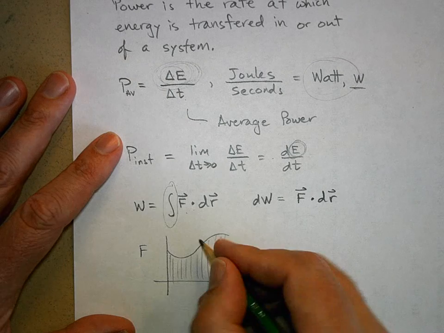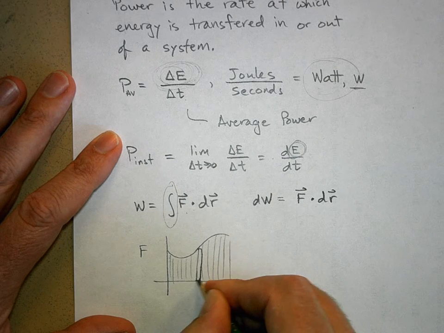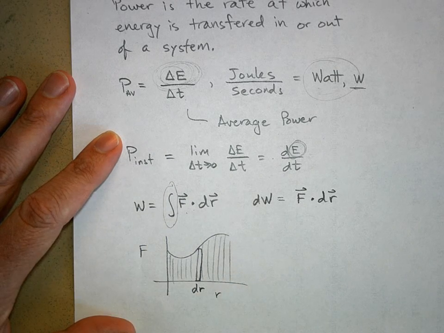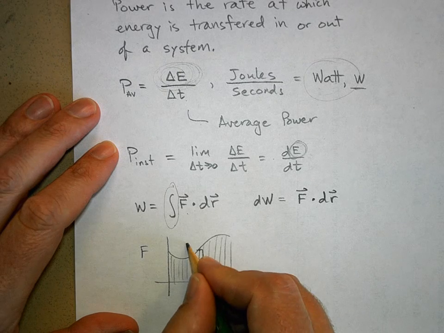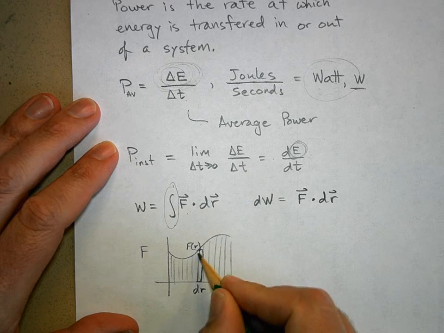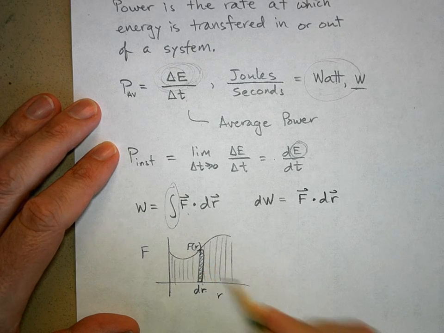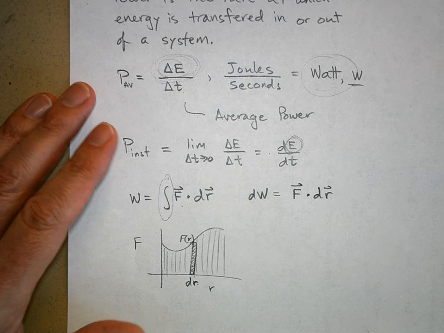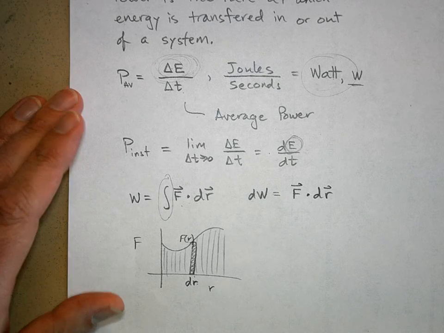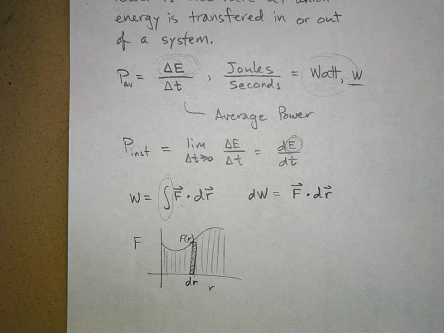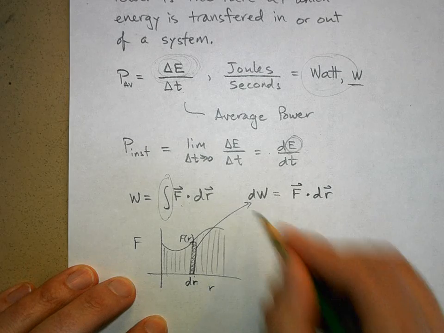Here's a little rectangle, and we give it a little width of dr, and it has a height, F of R at that R, and we multiply them together and get the area. Now it's a tiny area, it's infinitely tiny. I didn't draw it infinitely tiny because you can't. But you see what I'm saying? So this is a little tiny bit of work done.